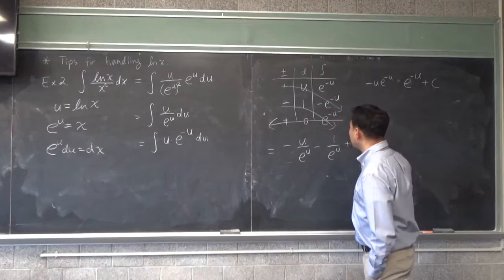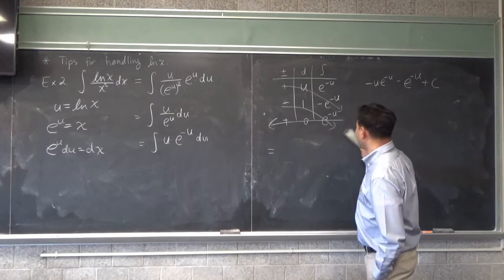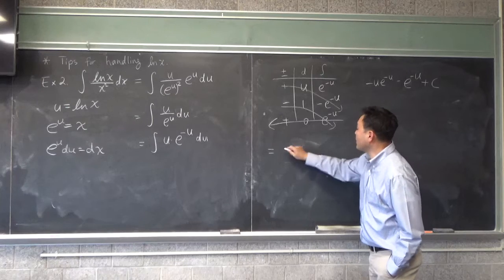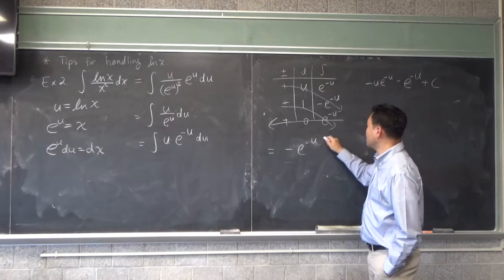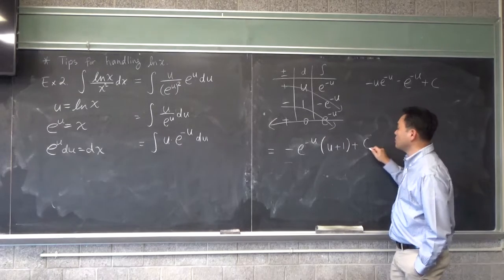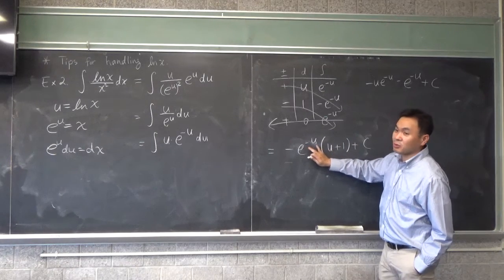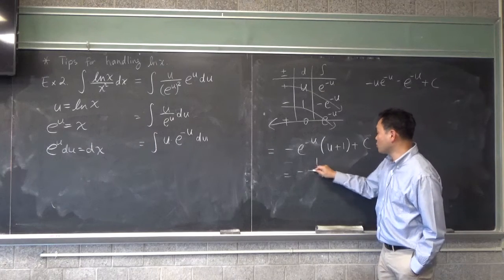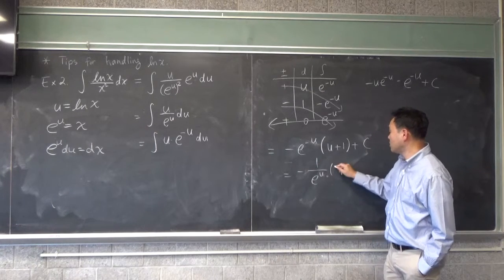Yeah, you can do that, but at the end of the day, it's the same thing. You can factor out, or you can even factor out the negative e to the negative u. That would be u plus 1, plus c. But then again, you have to figure out what to do with e to the negative u, and the best solution is to write it as 1 over e to the u.